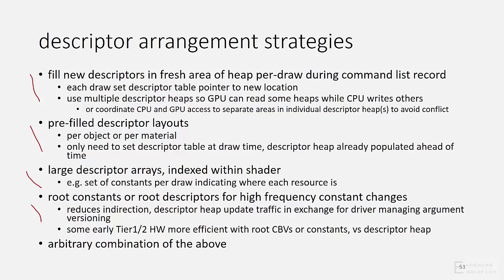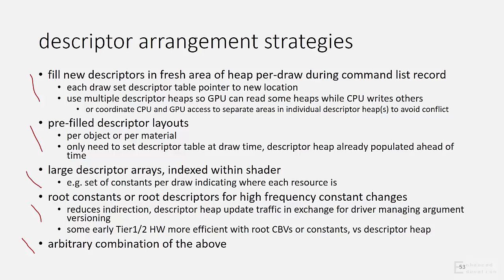Now in practice, where you might end up settling is some combination of all of the above techniques for whatever works best for even different parts of your engine or different subsets of the assets you're managing.